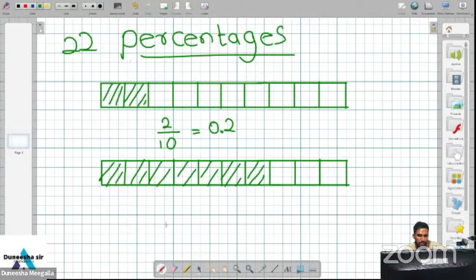The fraction is 7 over 10. What is its decimal representation? 0.7. Okay. Can you draw these two examples in your book? Can you? Okay, first write this down.